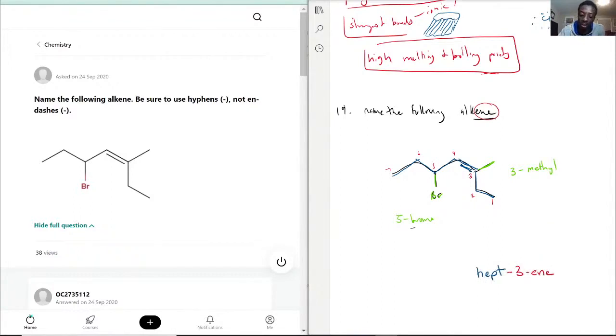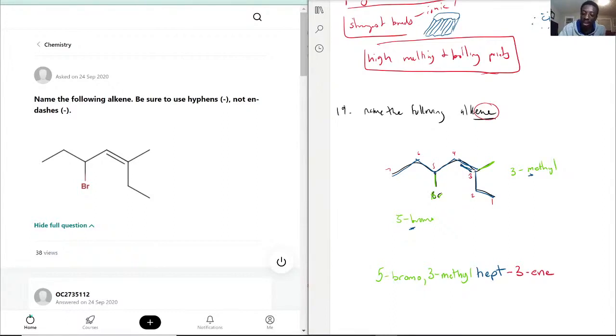What you want to do is organize alphabetically by letter. So for this name, we have 5-bromo, 3-methyl, hept, we just keep it like that, 5-bromo-3-methylhept-3-ene, because on the 3 there's a methyl group, on the 5 there's a bromo group, and on the 3 is also where the double bond is.